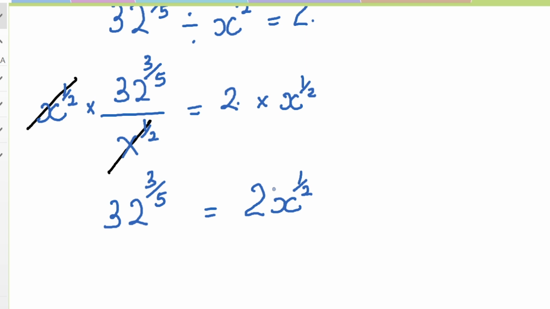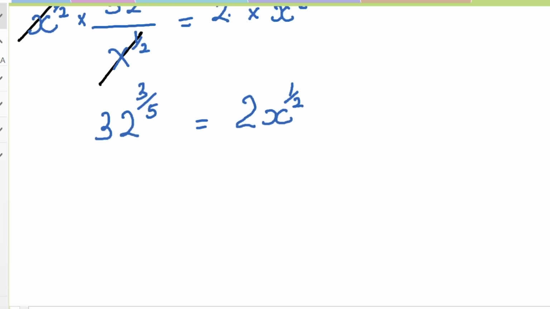Now, if you look at this further, 32 to the power 3 over 5 is the same as saying 32 to the power 1 over 5, and this is to the power 3. That is what it means. We are splitting this 3/5.